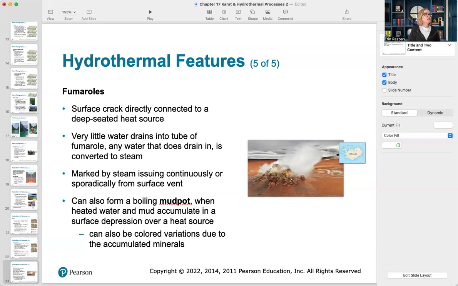Okay, so to conclude this section, hydrothermal features represent the dynamic interaction between Earth's groundwater systems and its internal heat. From the reliable eruptions of geysers to the constant flow of hot springs and the emissions of fumaroles, these features provide scientists with valuable information about what's happening beneath the surface.